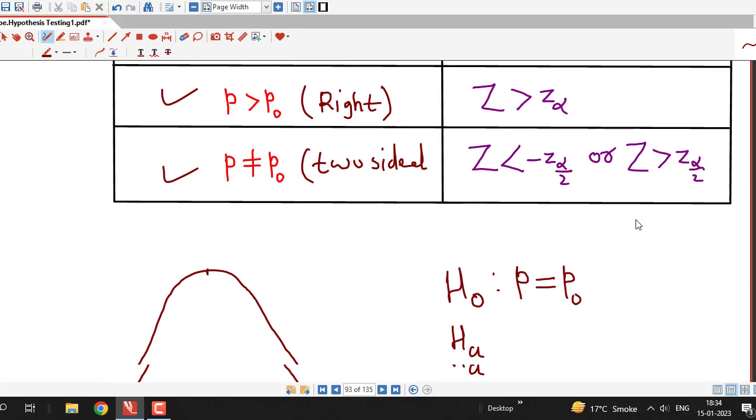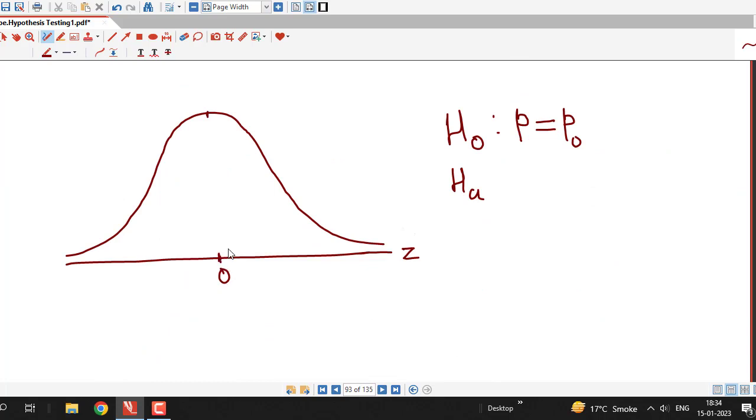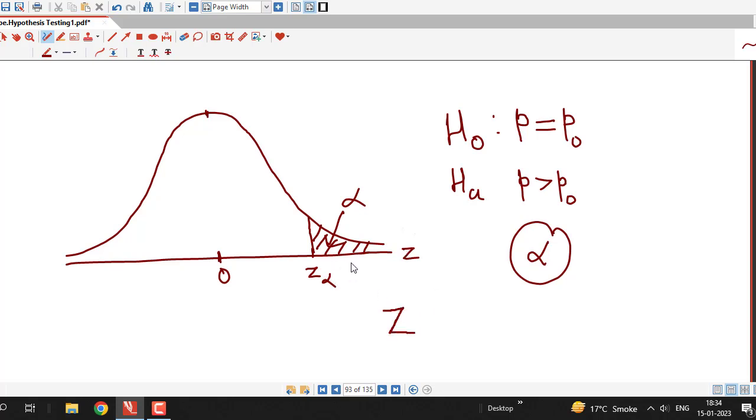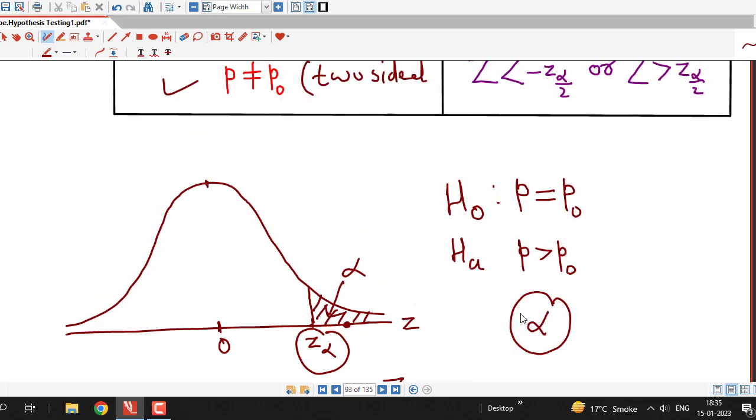So we consider this standard normal random variable, this is the center, and suppose we have the alternative hypothesis p greater than p0, and suppose we consider the level of significance as alpha, then this point will be Z alpha, and the area to the right of Z alpha is alpha. So if our calculated value of the test statistic is to the right of this critical value of Z, then we reject the null hypothesis in this case.